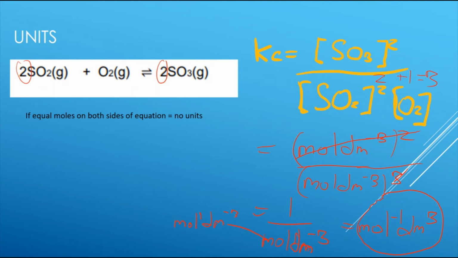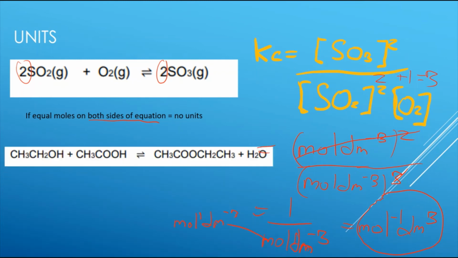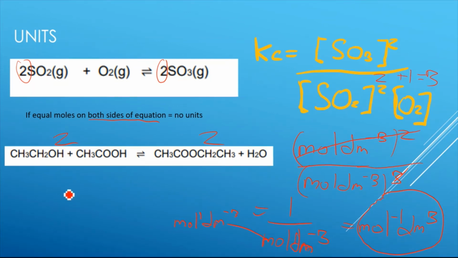Now if there are equal moles on both sides of the equation, then there will be no units. For example, looking at this equation, we can see that there are 2 moles of reactants and 2 moles of products. I know this will be moles decimeter cubed to the power of 2 over moles decimeter cubed to the power of 2 again.